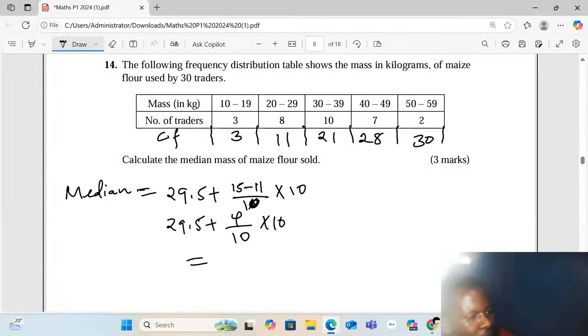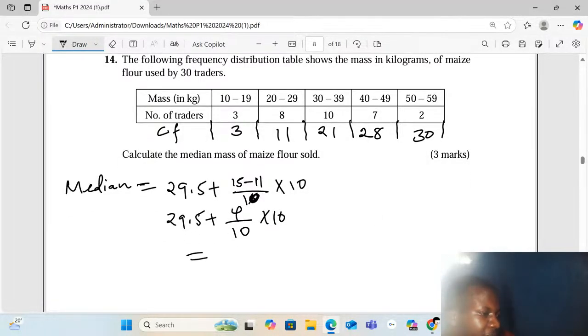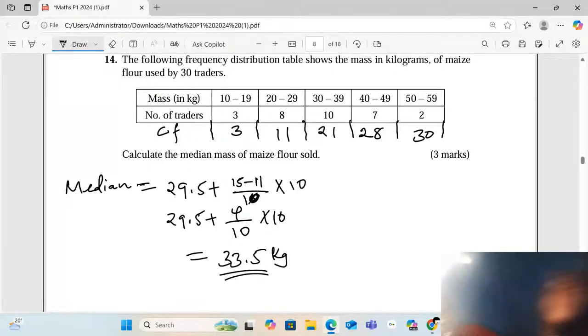When you work this out, you're going to get 33.5. This is now your median mass of the maize flour, in kilograms. You get 33.5 kgs as the median mass. That's simple, and you take the shortest time possible to calculate that so that you can save some minutes for the next question.